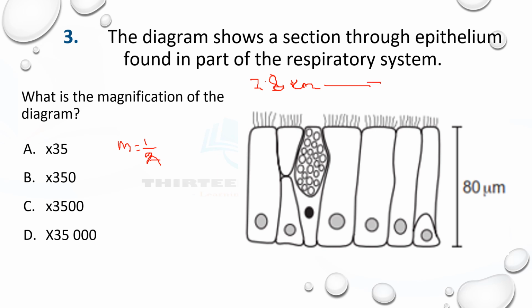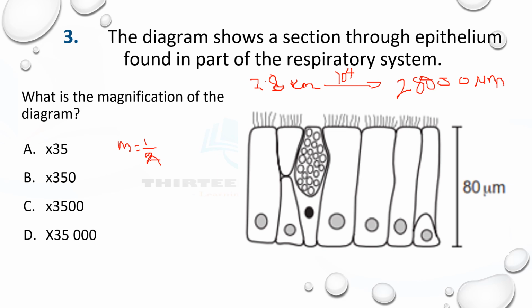If you are moving from centimeters to micrometers, you multiply by 10,000, which is 10 raised to power 4. 2.8 times 10,000 will give you 28,000 micrometers. So 28,000 micrometers is the length of the scale bar.